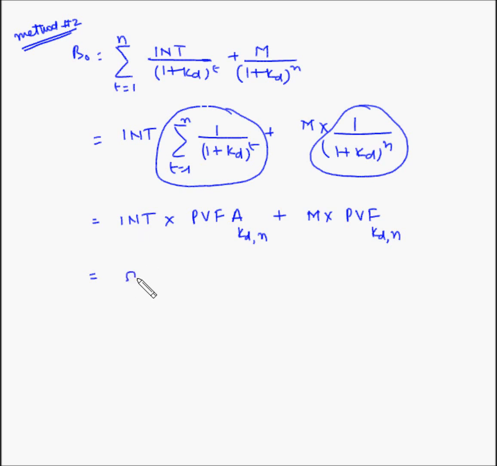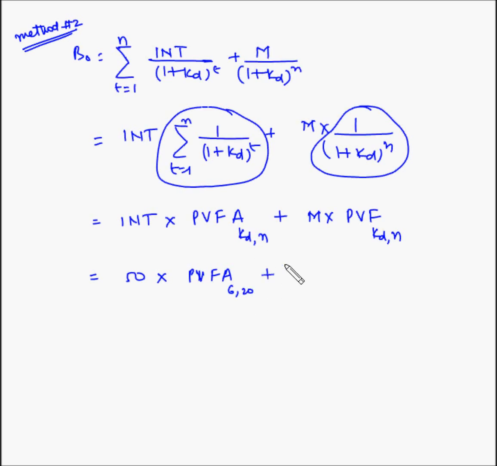Interest is 50 into present value factor of an annuity at KD, which is in our case 6%, and N is 20, plus M is 1000 into present value factor, again KD is 6% and N is 20.